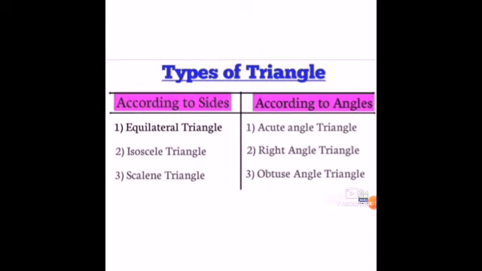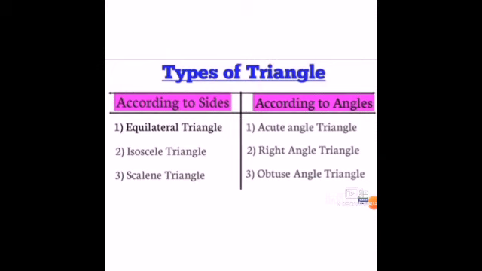Types of triangle according to sides: equilateral triangle, isosceles triangle, scalene triangle. According to angles: acute angle triangle, right angle triangle, obtuse angle triangle. These are the types of triangle according to sides and according to angles.